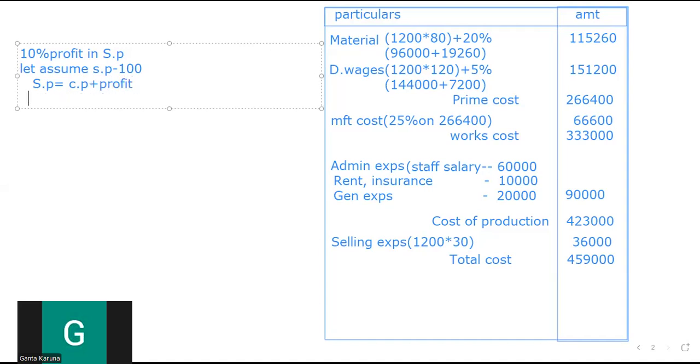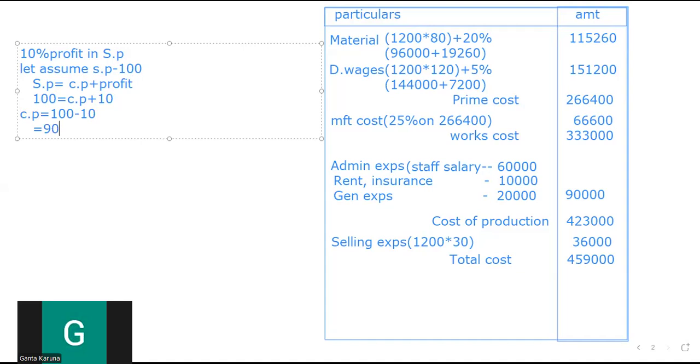So selling price, just now we have got, it is 100, is equal to CP, I don't know. But I know the profit percentage. How much is the profit percentage? 10 is my profit percentage. So therefore, my CP is equal to 100 minus 10, that is equal to 90 rupees is my CP. So until here, it is very much clear for you.